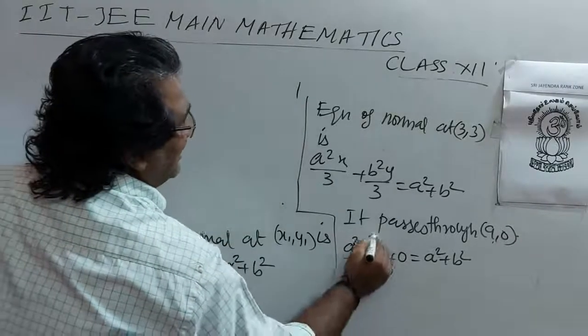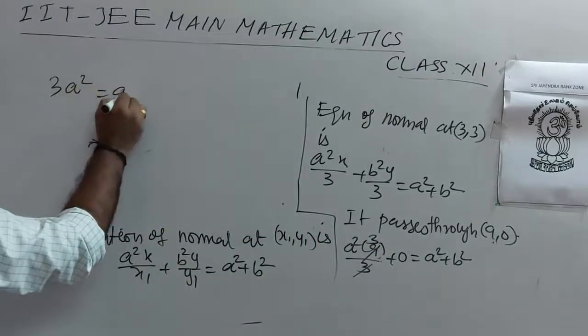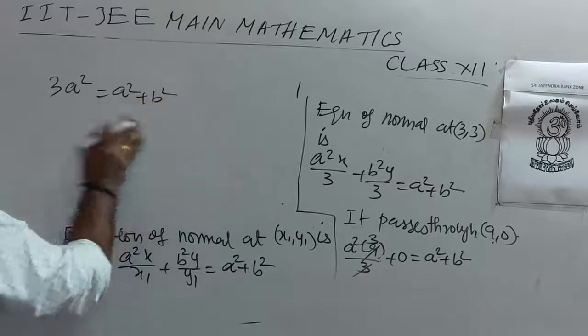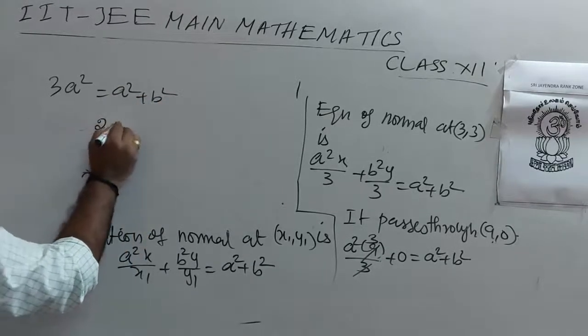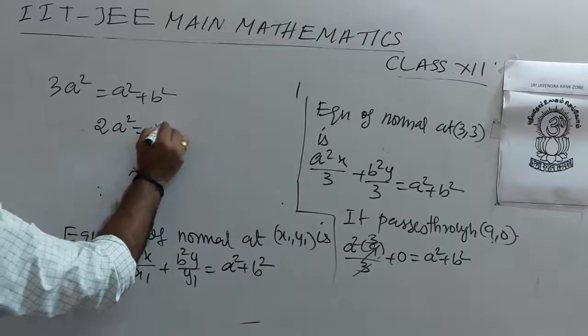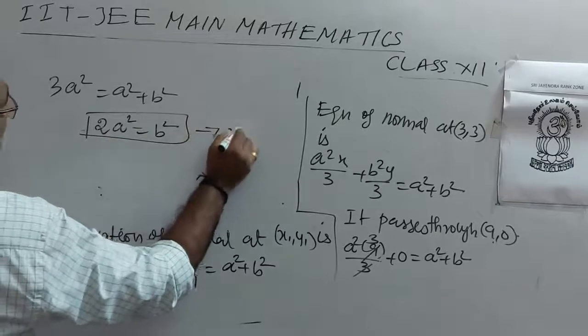This can be cancelled 3 times: 3a squared equal to a squared plus b squared. So 2a squared equal to b squared. Let it be 2.